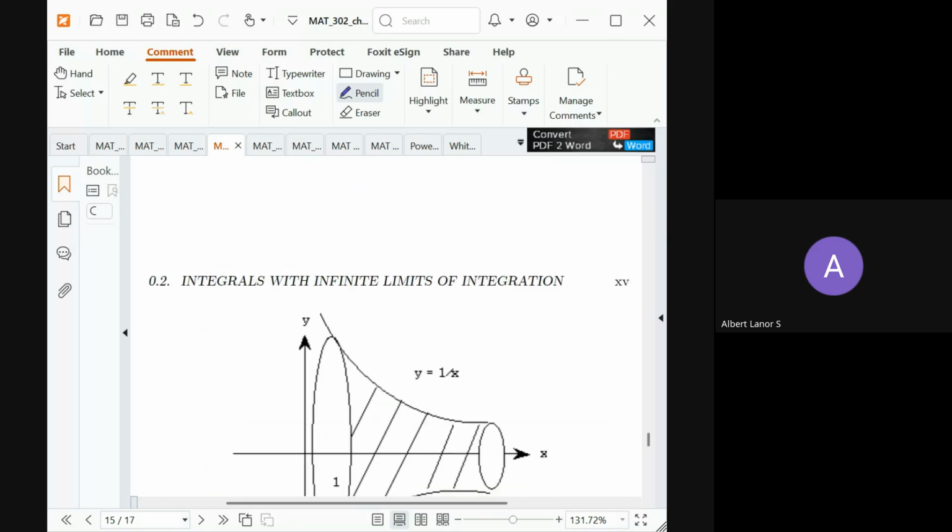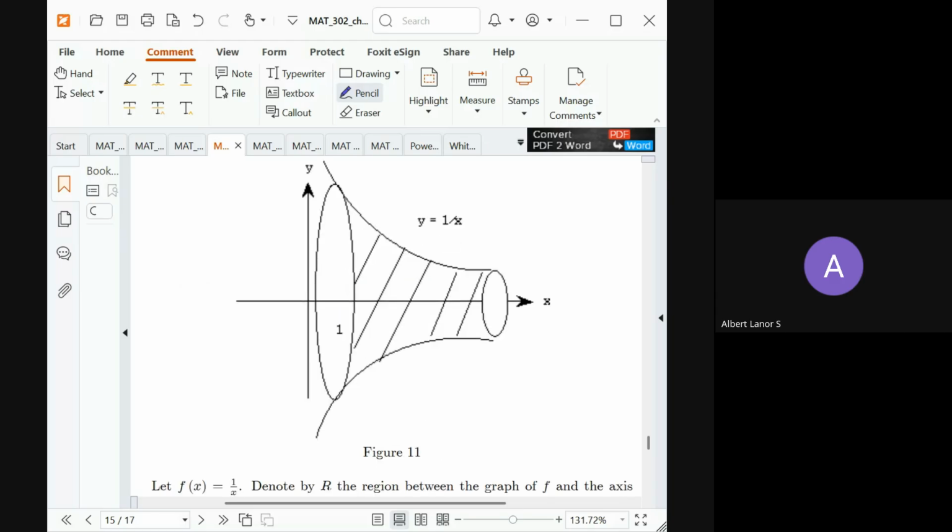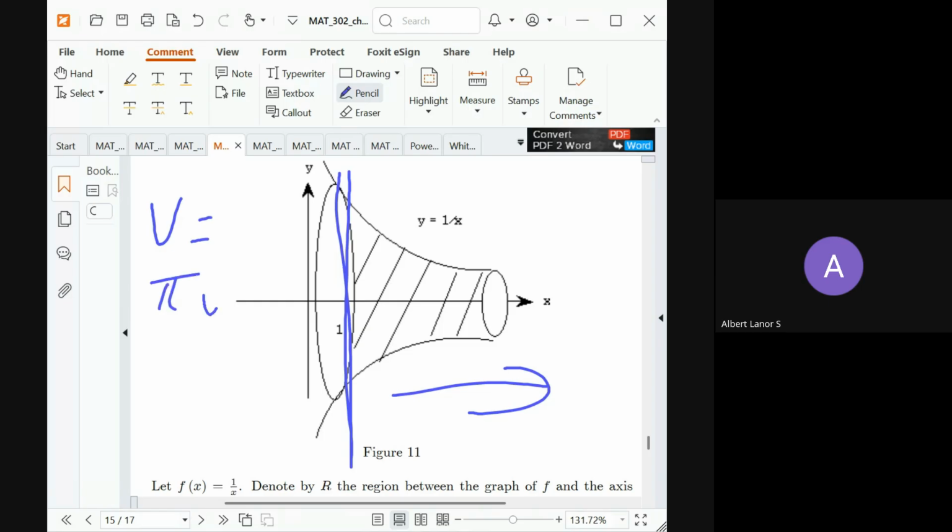So you see that it's starting from 1 here to infinity. So the volume would be pi times the square of y from 1 to infinity. We're going to integrate it with respect to x.